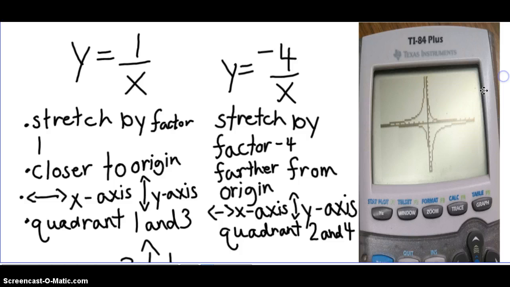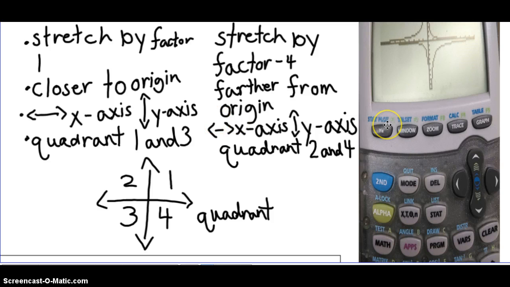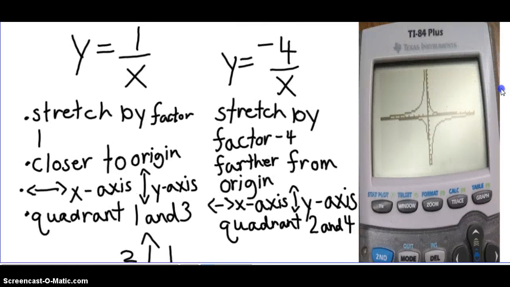So right here, this would be quadrant 1, quadrant 2, quadrant 3, and quadrant 4, if that helps you figure out where the quadrants are. And what you'll end up with is a comparison between the two equations of y equals 1 over x and y equals negative 4 over x. And that's how you identify reciprocal function transformations.